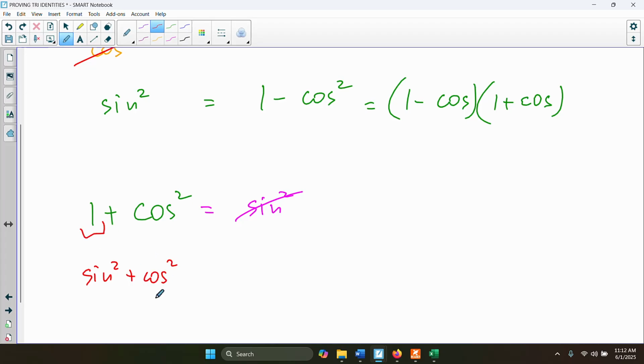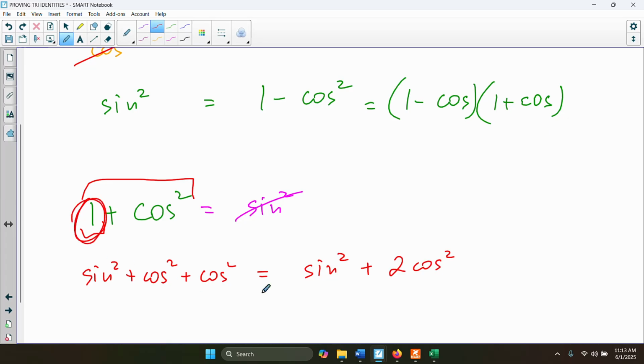Then I have plus cosine squared, so this simplifies to sine squared plus 2 cosine squared. And that's why it does not simplify: there's just this extra cosine in there. If this 2 wasn't here, that's just 1. Anyway, the point is sometimes you're stuck.